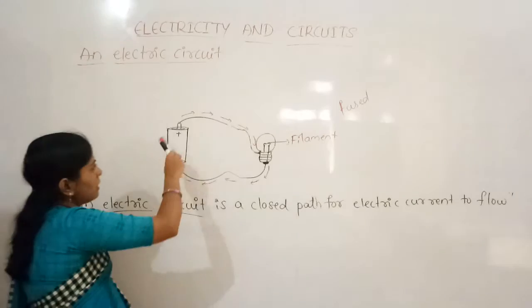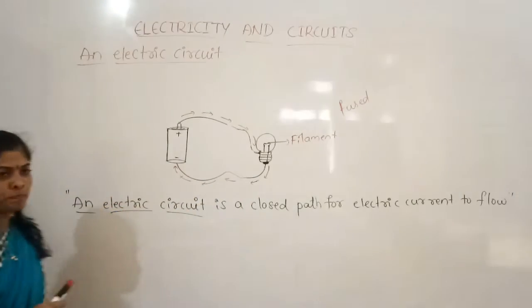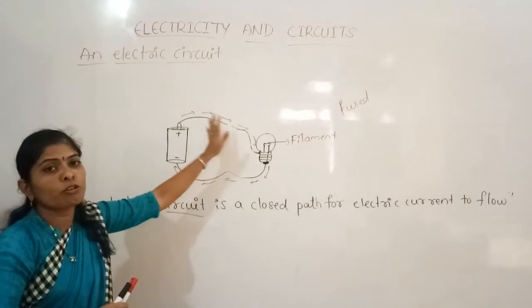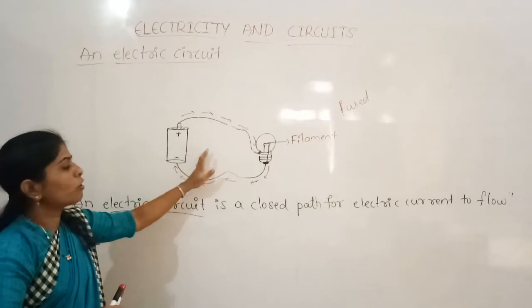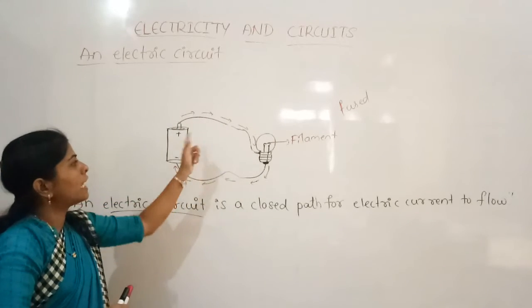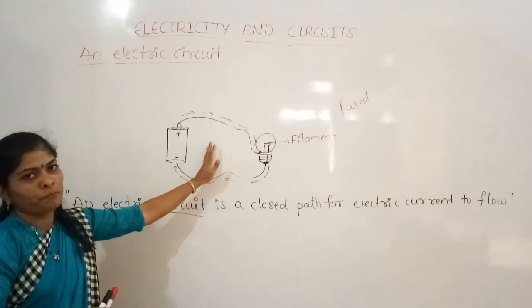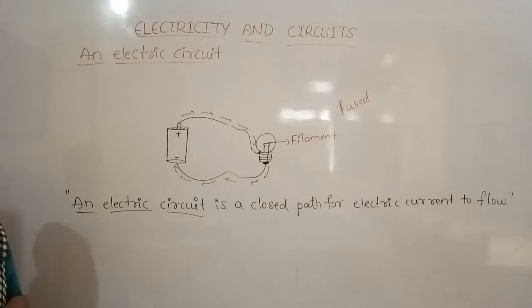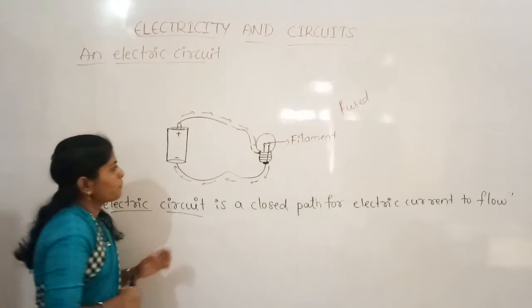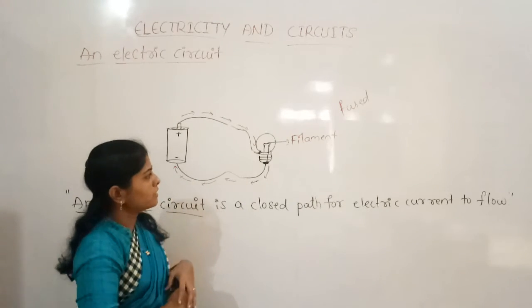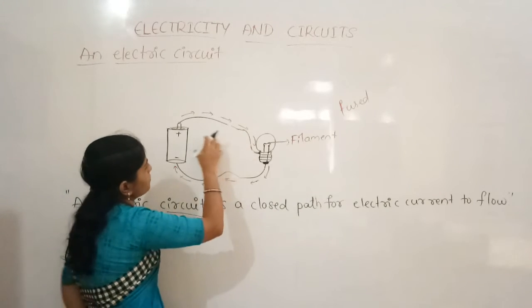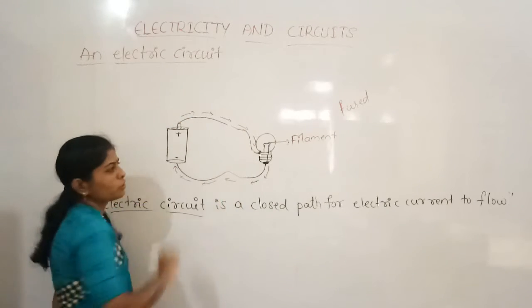Yes, it is a closed path, right? Here the complete connection is there, meaning it is the closed path, so that it allows the electric current to flow. So this is what an electric circuit is. Now we can also connect this directly to the positive terminal.